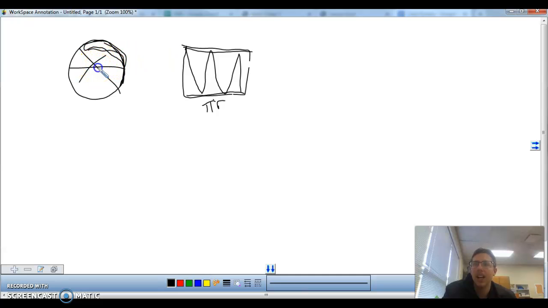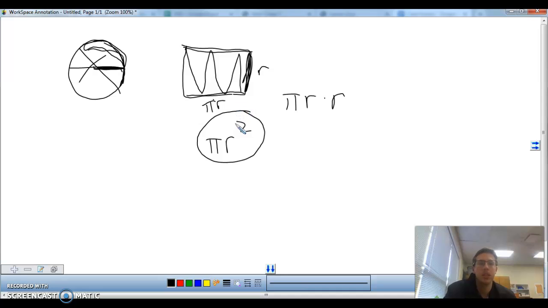Well, the height is just the side of one of these triangles right there. And you notice the side of one of the triangles, this same height here, is just the radius. So that's how you get pi r squared, because you're taking base times height. Pi r times r. Well, pi times r times r is the same as pi r squared. That's where the area comes from.